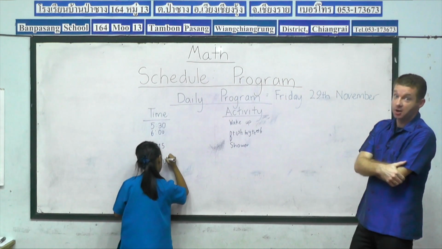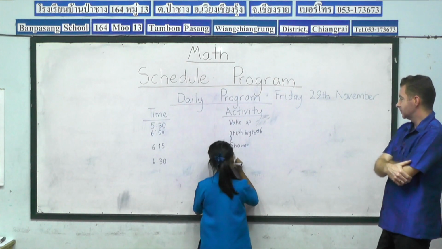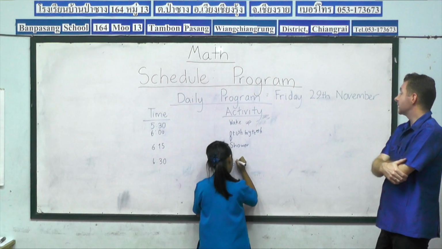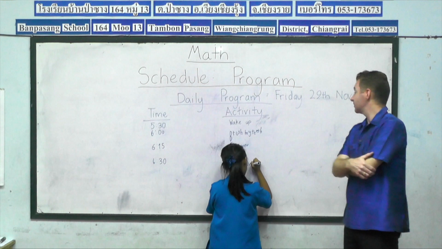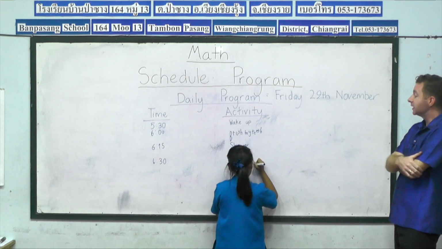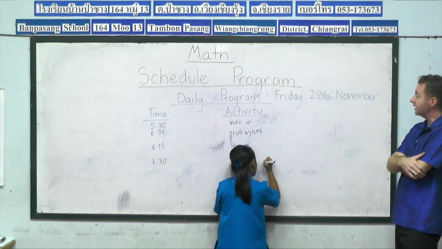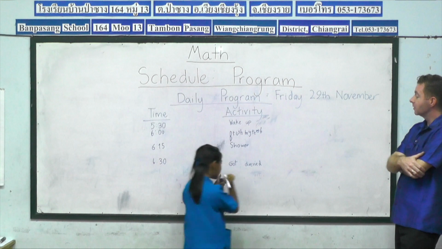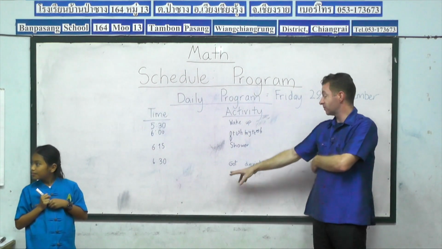Okay, so 6:30 after our shower, what will you do, Pak Bung? Okay, so get dressed, okay. G-E-T-D-R-E-S-S-E-D. Okay, we can say got dressed too, because that's the past tense form of the verb get.